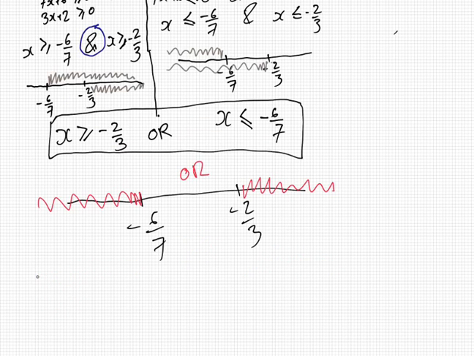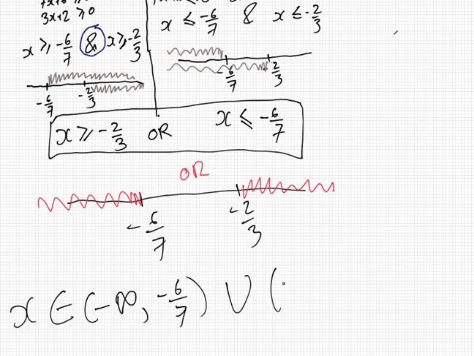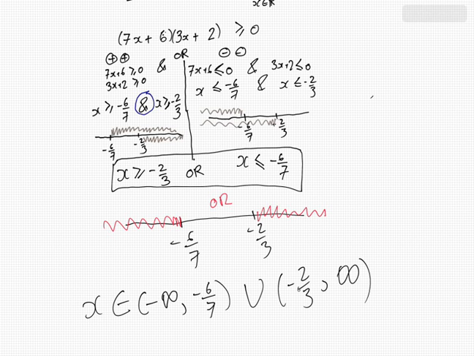So that means I want x to be somewhere between minus infinity and minus 6 over 7, or minus 2 over 3 to infinity. In other words, don't use x between minus 6 over 7 and minus 2 over 3. Now, there's a lot there. I'll give you a minute to write it down.